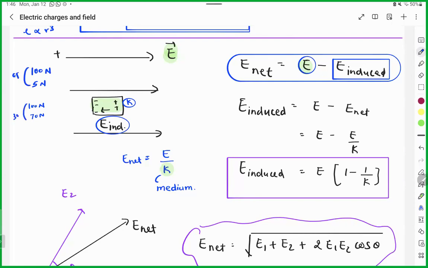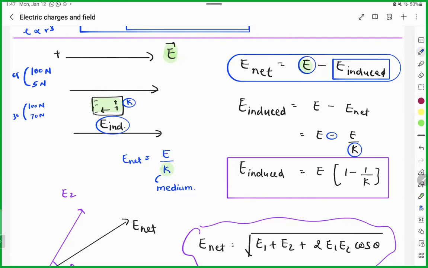What does it depend upon? It depends upon the nature of material. Got it? Understood, guys? Yes, sir. So it looks like it inversely depends upon K, but at the same time there is a negative charge also.